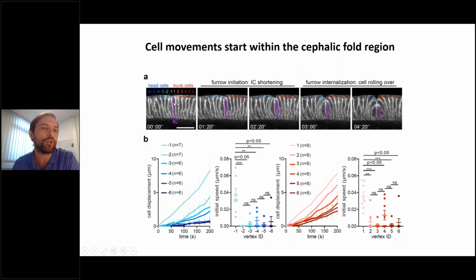Interestingly, she could see that the vertices that moved the fastest were the closest to the initiator cell, as you can see here. And this supports the idea that the forces generating the changes in shape are generated within the cephalic furrow region, and not outside of it.